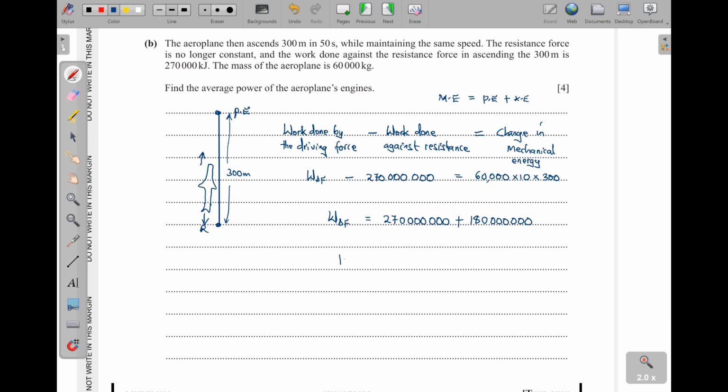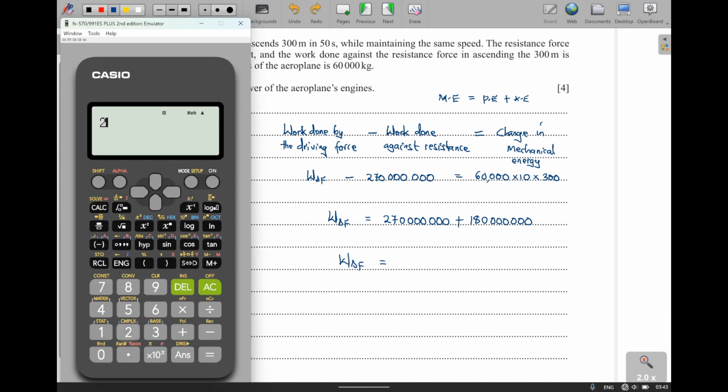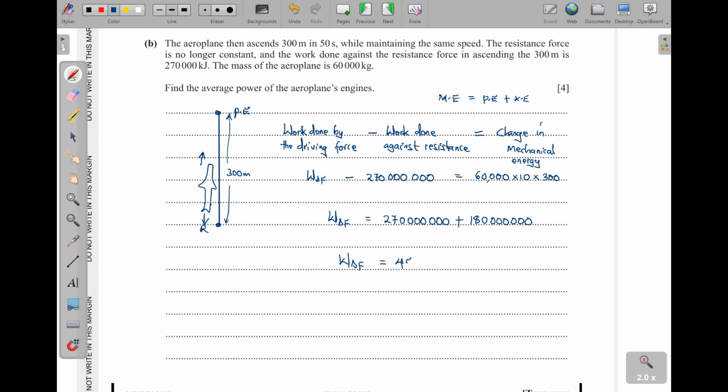So work done by the driving force is which one now? When we add these two, 270 million plus 180 million, then we get 450 million joules here.